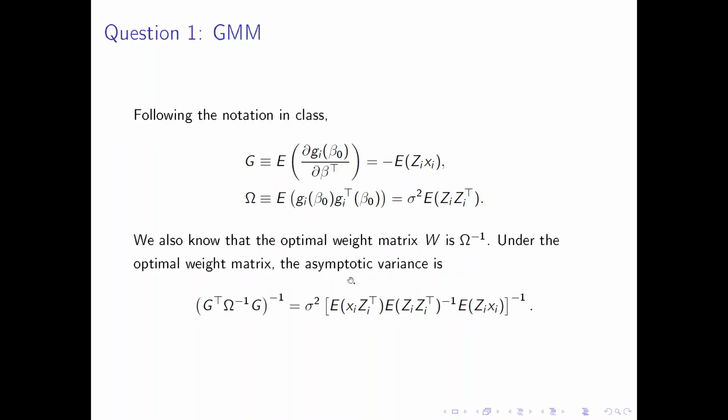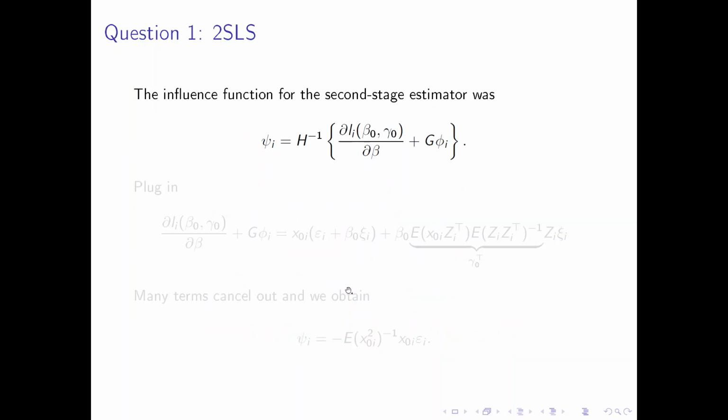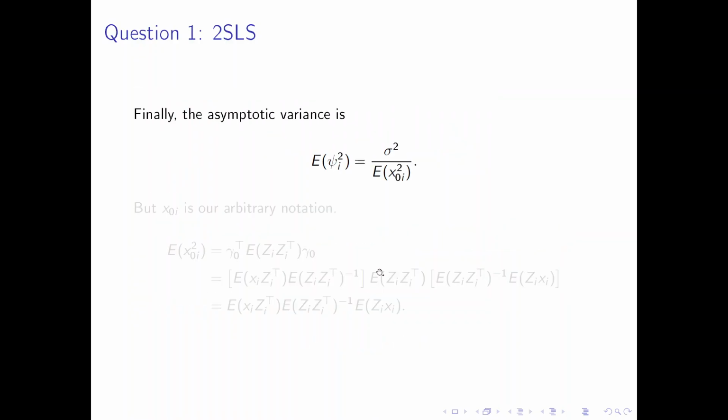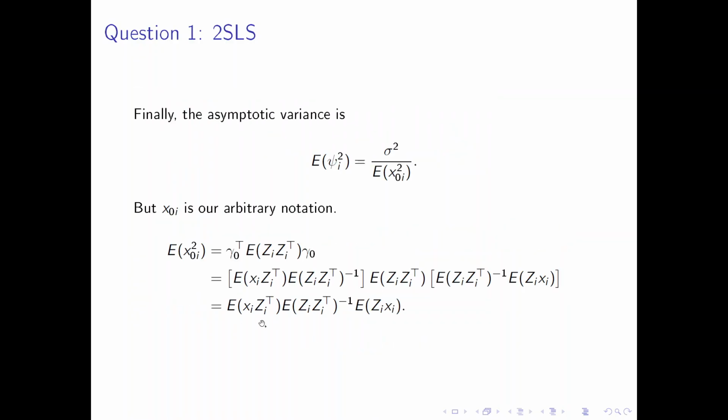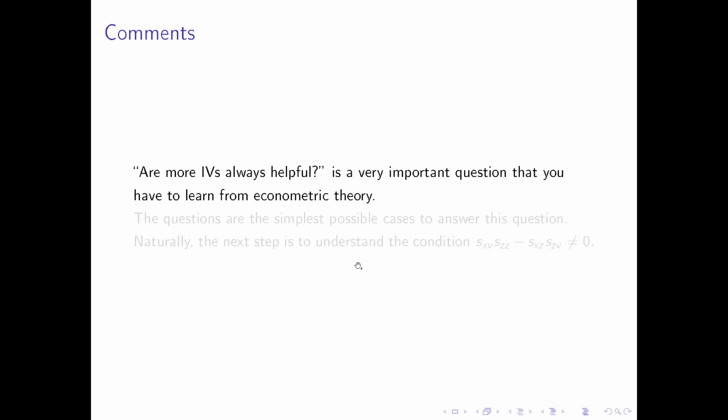You don't need to do it again. If you need, just plug in z to calculate them. But we already did the calculation. So the algebra is the same if you need to do that. But I think there is no more algebra needed. Just plug in the correct instrument.